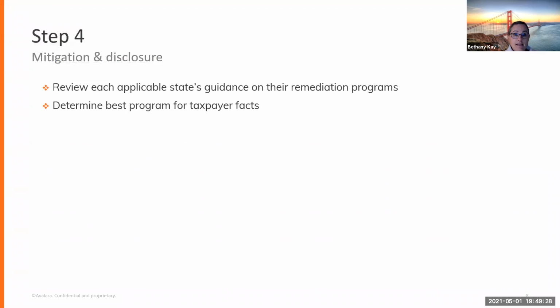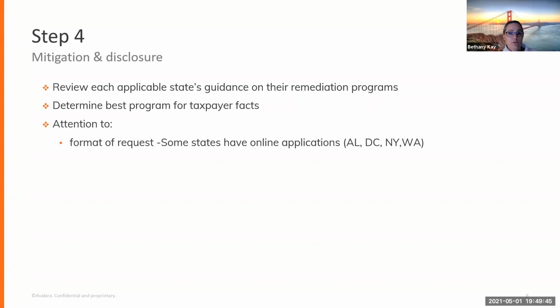And again, the next step, once you get that all done, you're going to figure out how to disclose all of this to the state. With your CPA, they'll review all the state guidance on their remediation programs and determine the best program based on your fact pattern. They're going to pay attention to things like the format of the request by the states, whether they have online applications or it's something to be written in, and what the look back periods are.